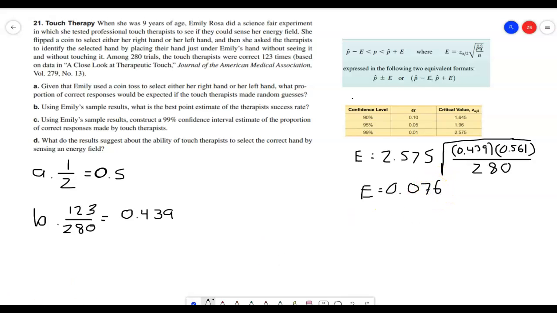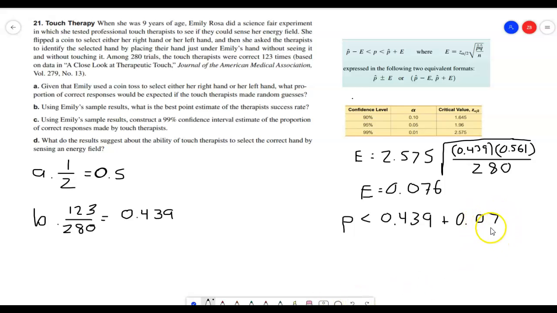All right, so what this means is that now I can set up my interval. So my true population proportion is somewhere less than my sample proportion, which was 0.439 plus my error, 0.076.